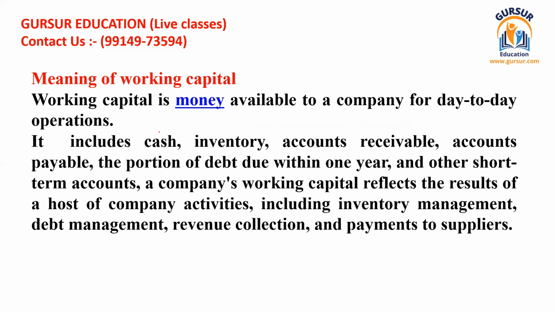capital. So what does it include? It basically includes the cash, then inventory, then accounts receivable. These are bills receivable, then accounts payable, these are your creditors, the portion of debt due within 1 year, and other short-term accounts.